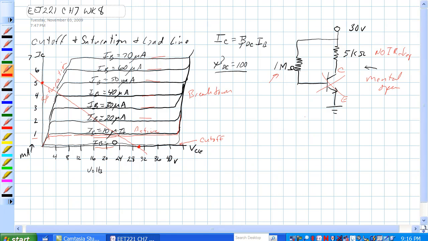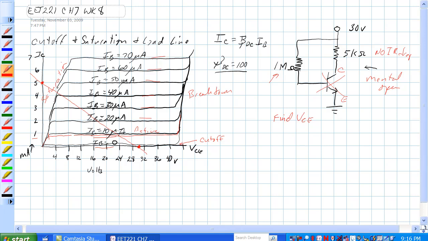So anyhow, how do we find out where the operating point is on the load line? We have to find VCE.